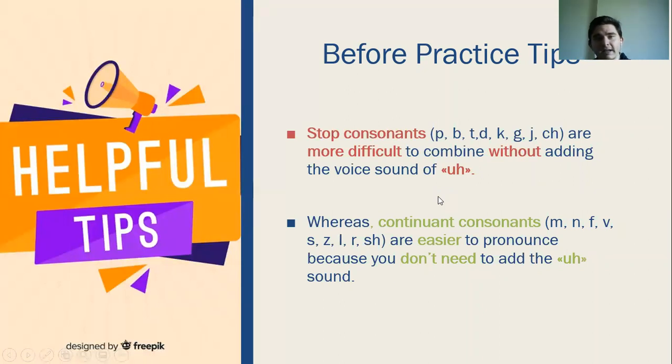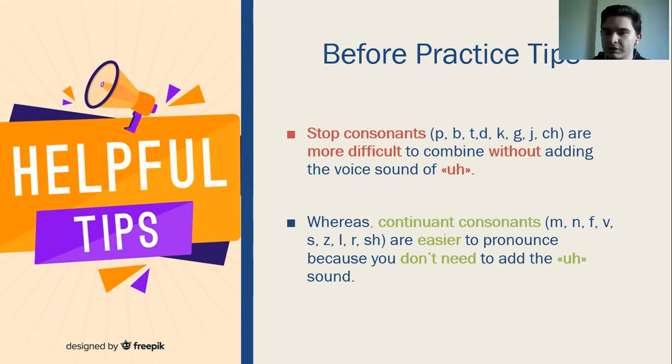Another tip we can give here is that you should use more continuant consonants rather than stop consonants like p, b, t, d, k, j, and ch, because stop consonants are harder for kids to pronounce. Whenever you pronounce stop consonants, you always have to add an extra sound, as I mentioned, with p, b, t, d, k.